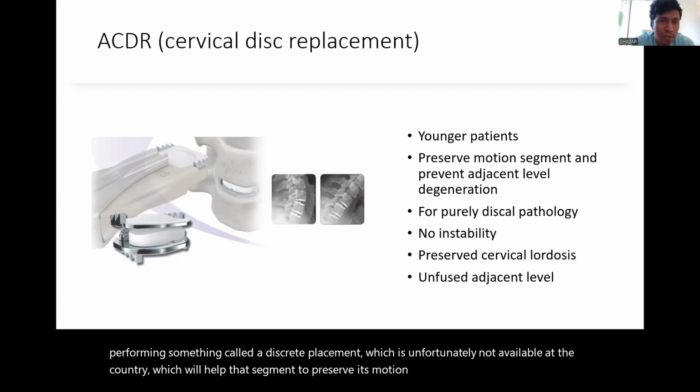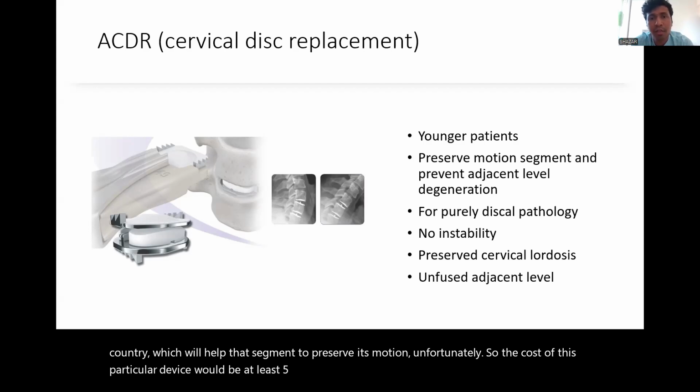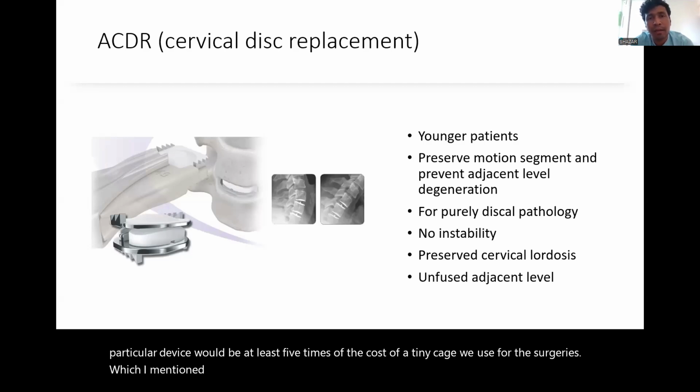Unfortunately, the cost of this particular device would be at least 5 times the cost of a tiny cage we use for the surgeries, which I mentioned before. And the FDA has given very strict indications on whom to perform disc replacement.